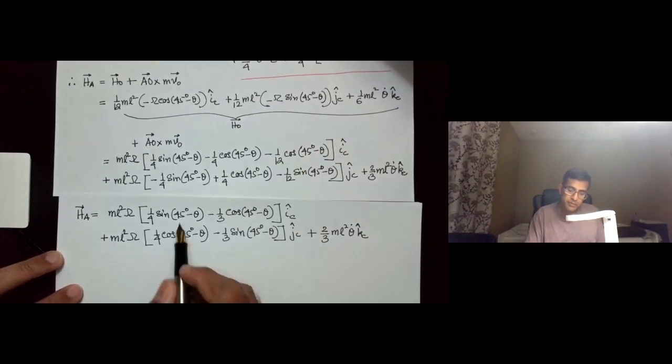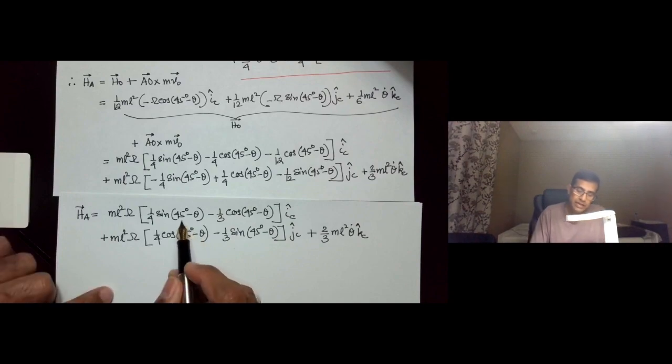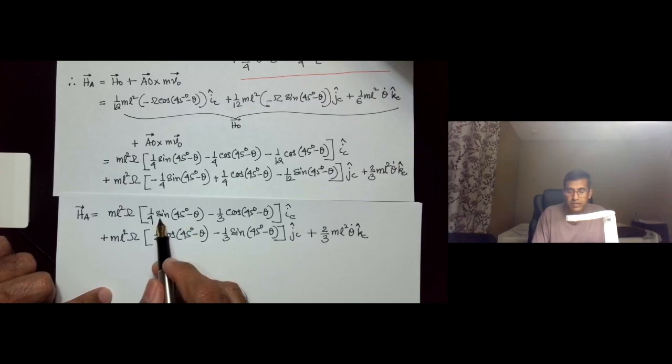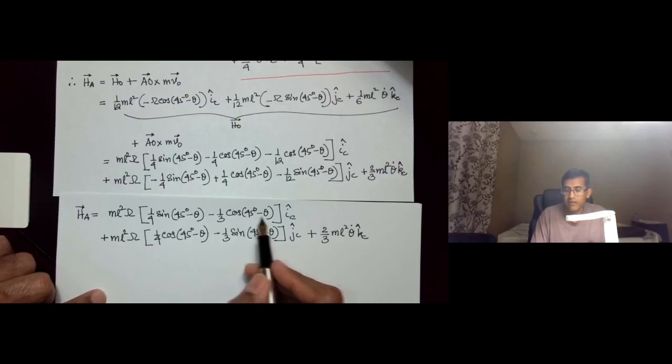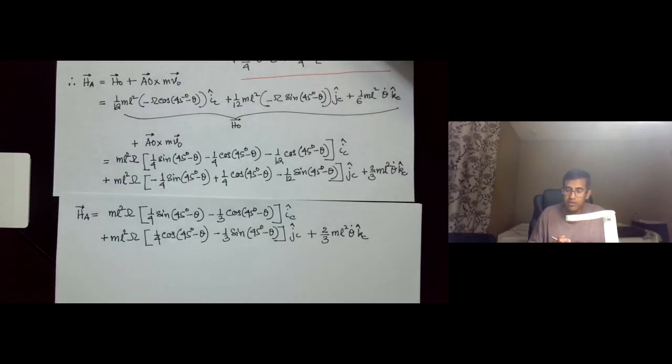You can also express this in terms of 45 plus theta: sine of 45 minus theta is equal to cosine of 45 plus theta, and similarly cosine of 45 minus theta is equal to sine of 45 degrees plus theta. So you can express it that way also, depending on how you want to express it. But this is good.